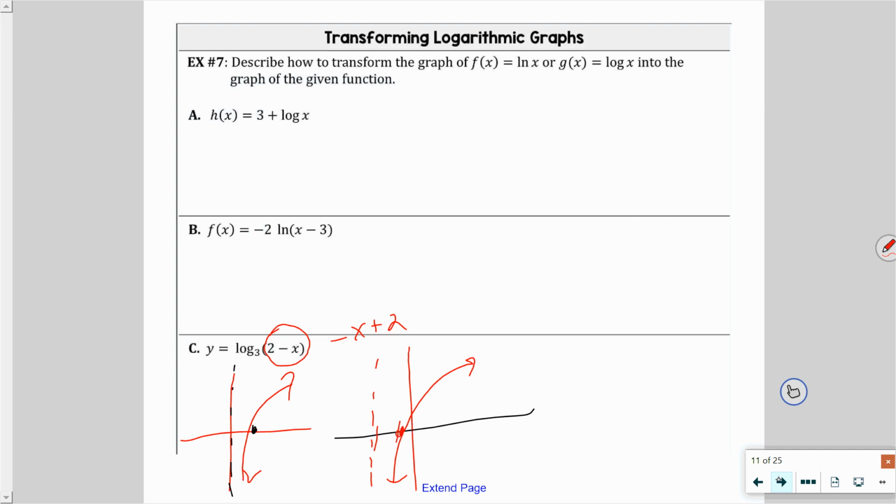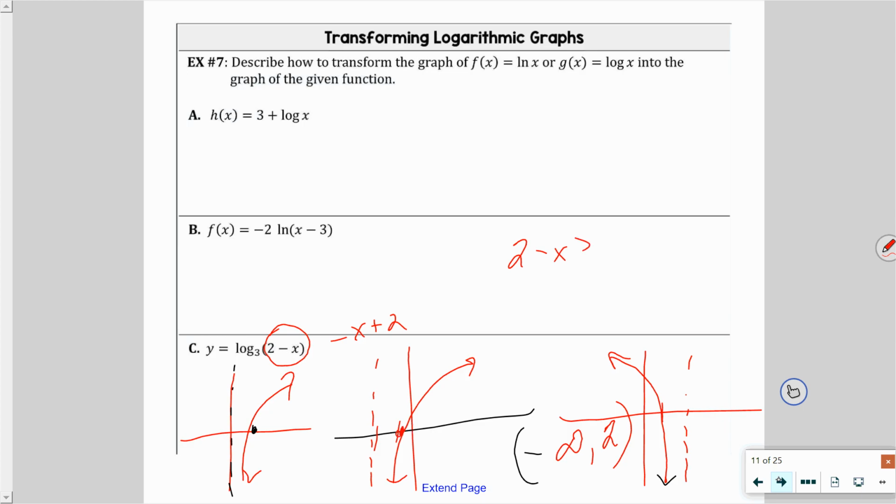And then I do a y-axis reflection. So my final graph on this, the y-axis reflection is going to move that to the right 2, and it's going to move that point. So if I do my domain from my picture, it should be negative infinity up to 2 being open. All right, so if I do it algebraically, I got to take the argument and set it greater than 0. So algebraically, it does verify.